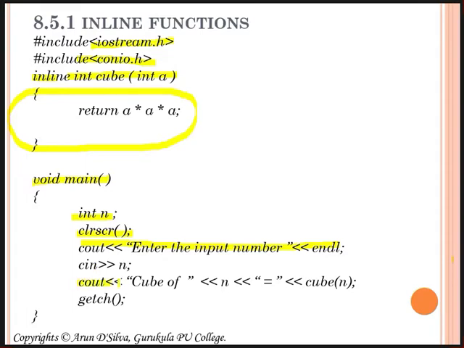Then I display n equal to cube of n. Where this function is called, its body will be replaced here. The function call is not transferred; the code will be replaced here.